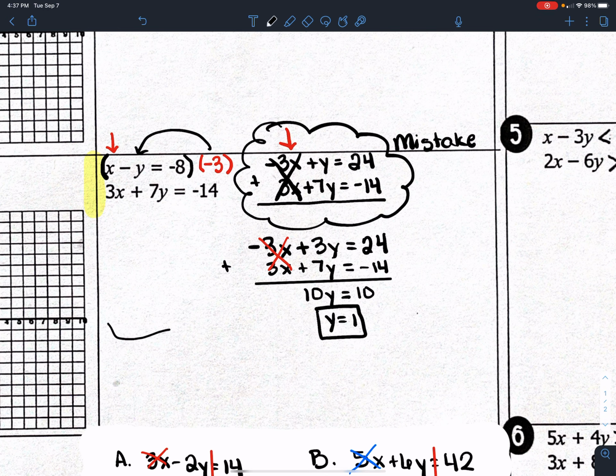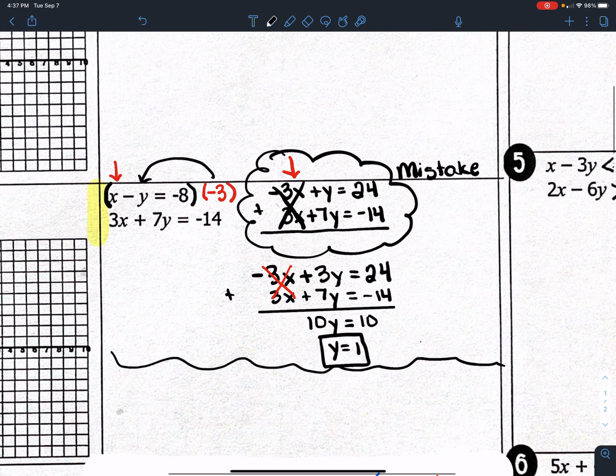Now what we need to do, though, is find the x value. So we're going to substitute that into one of the original equations, either this first equation or this second equation. Well, to me, the first equation looks easier. Even though it has a negative y, it looks easier because it has smaller values.